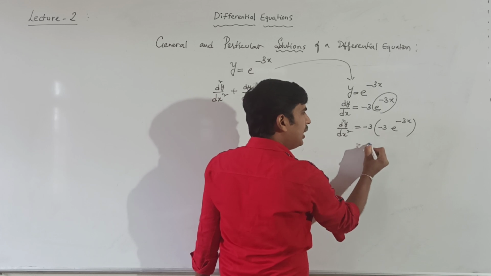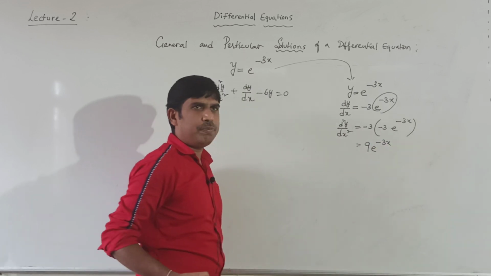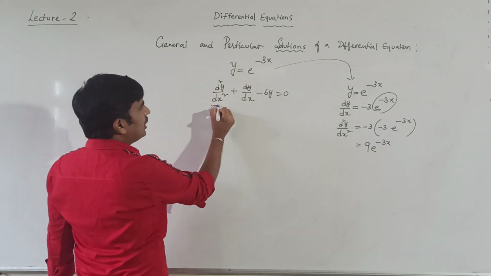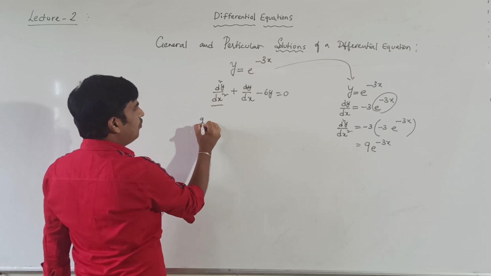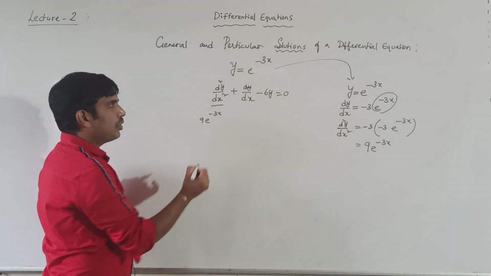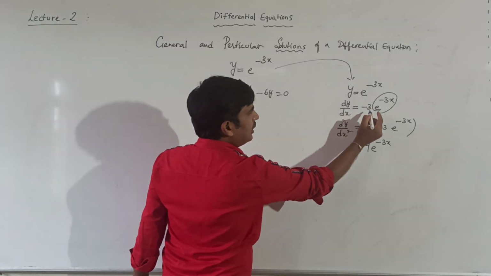So minus into minus, plus 9 e power minus 3x will come. Substituting these values here, d square y by dx square is 9 e power minus 3x, plus dy by dx. What is dy by dx?